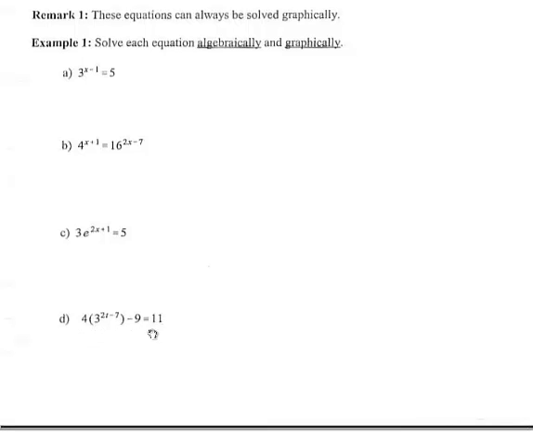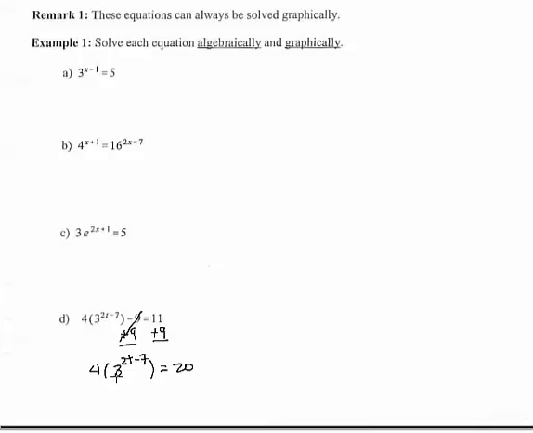So we need to rearrange this to where the 3 to the 2t minus 7 is by itself. The first thing we need to take care of is the 9, so we add 9 to both sides. The 9's cancel out on the left, and 11 plus 9 on the right is 20.